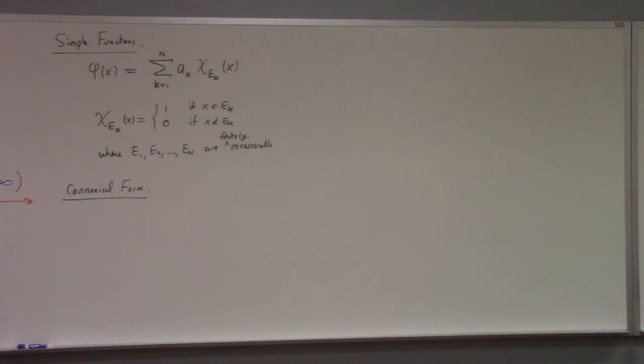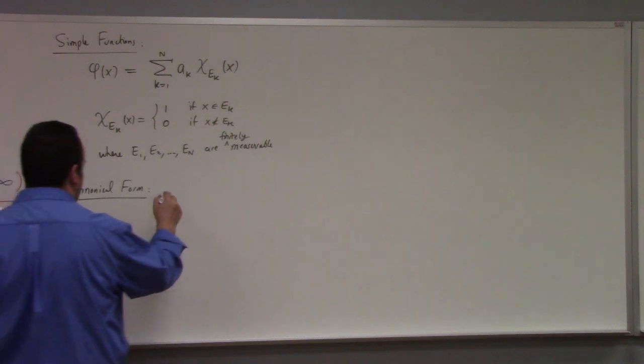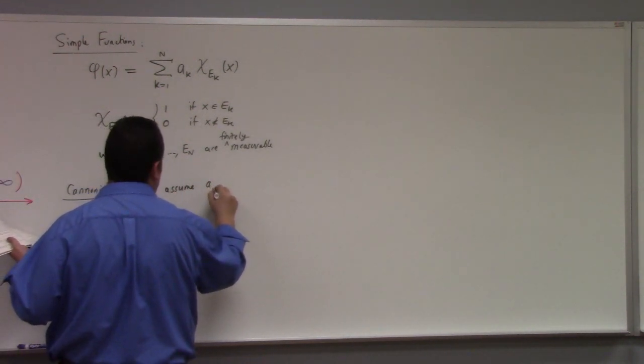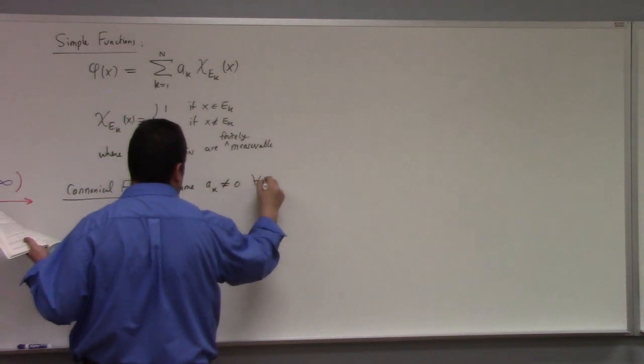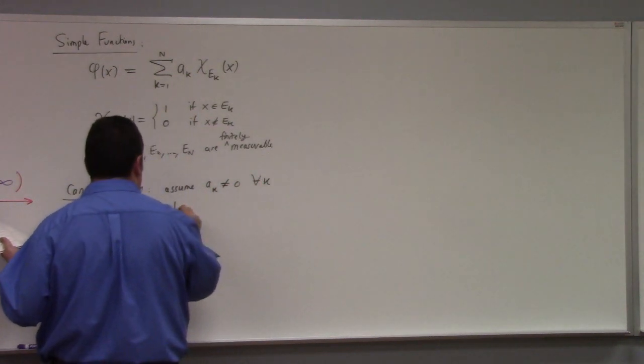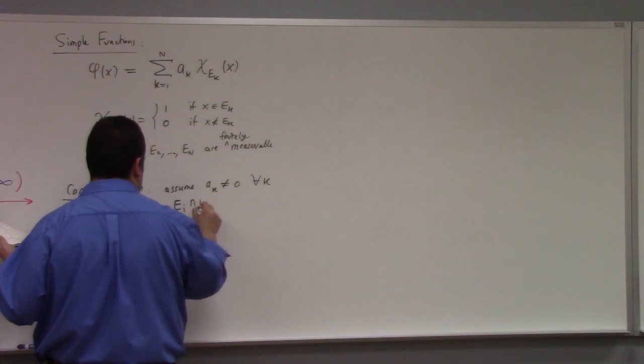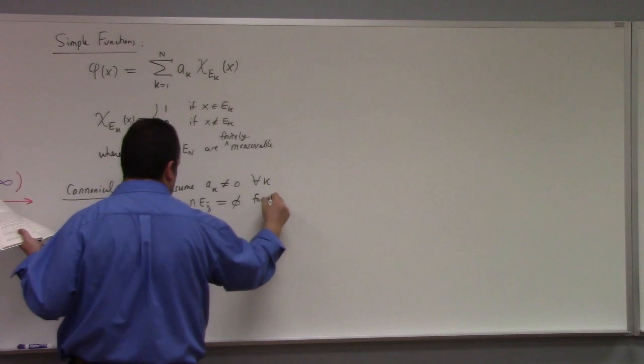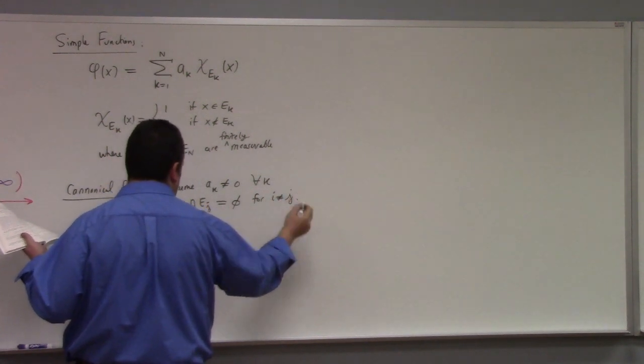And what he does is he says, it's the unique decomposition as above, except a little bit of fine print, where the numbers a sub k are distinct and non-zero, and the sets e sub k are disjoint. Assume that a sub k is not equal to 0 for all k, and also e i intersect e j is empty for i not equal to j.